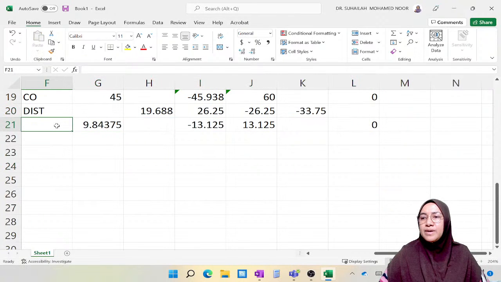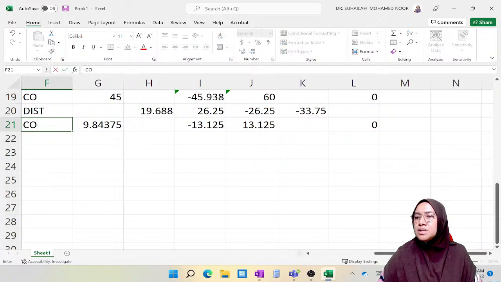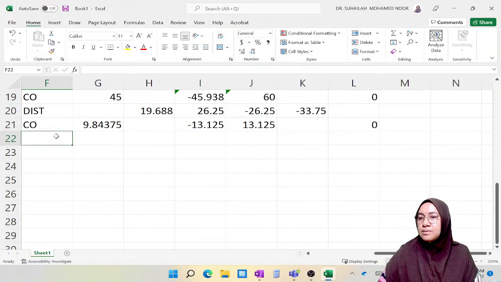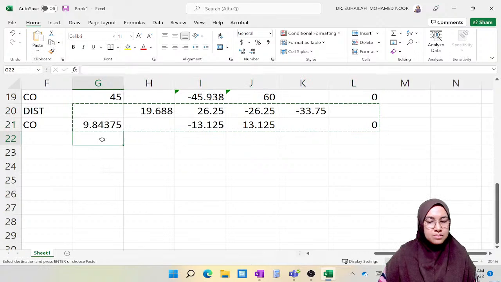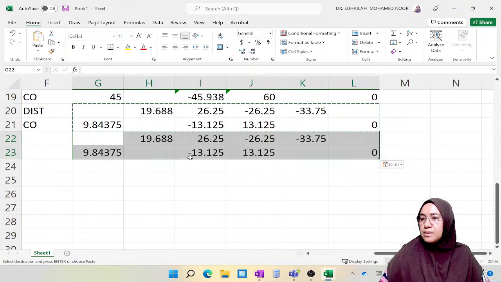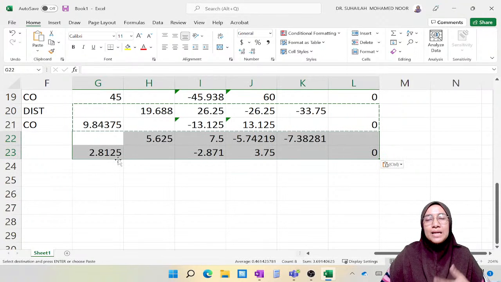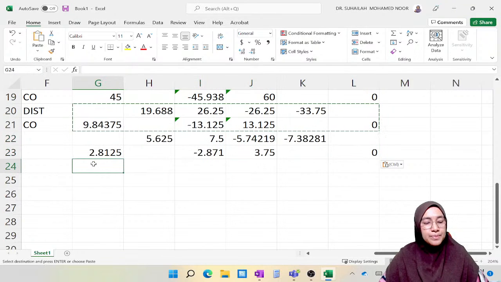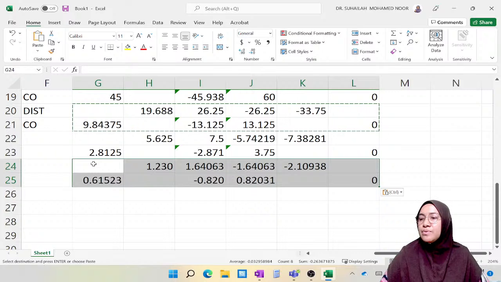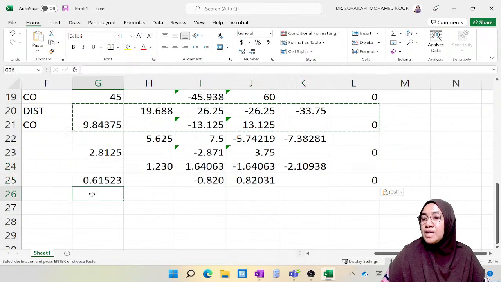Okay, now it is carry over, right? So this is carry over. Distribution, carry over. Copy the whole. Okay, we repeat the cycle, we repeat the process until the last distribution reaches 0.0.